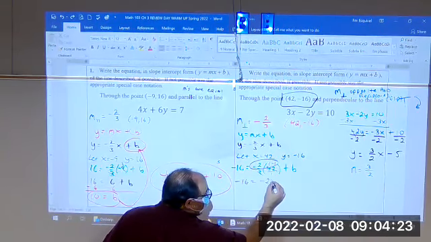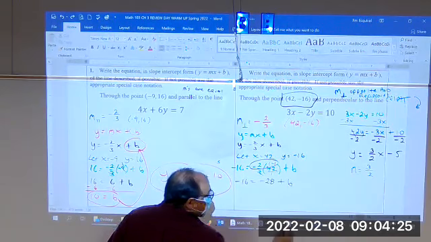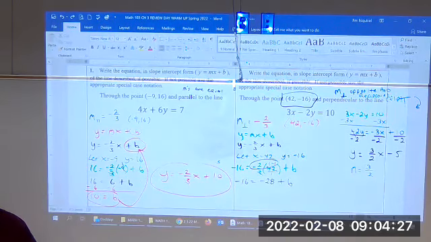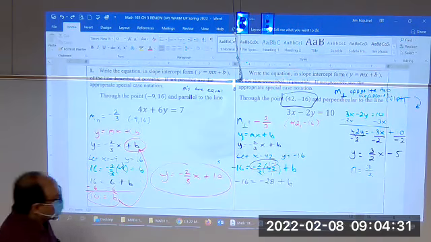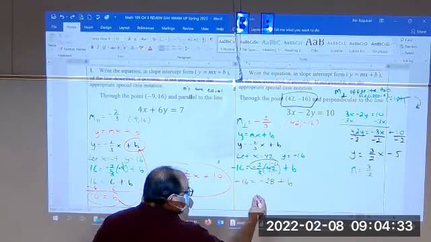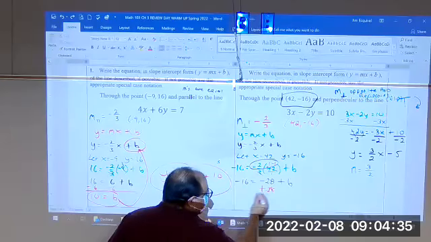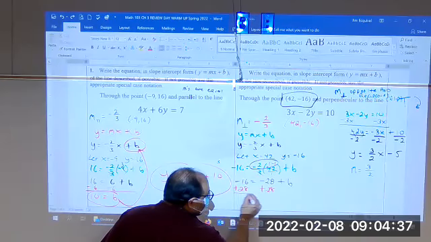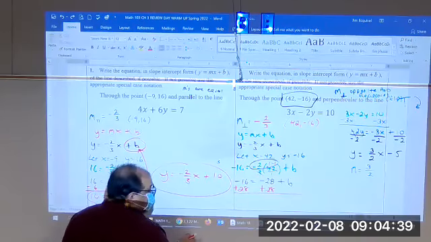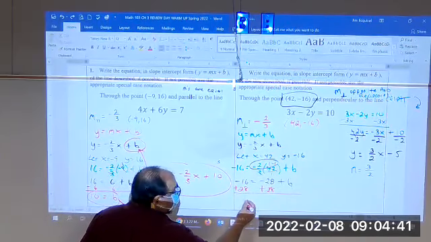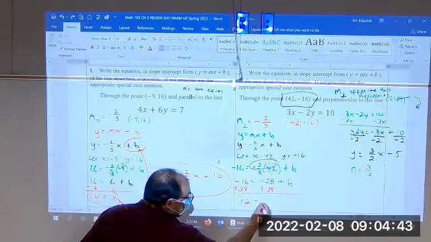That would be negative 28 plus b. And then we add 28. Negative 16 plus 28 is equal to positive 12.